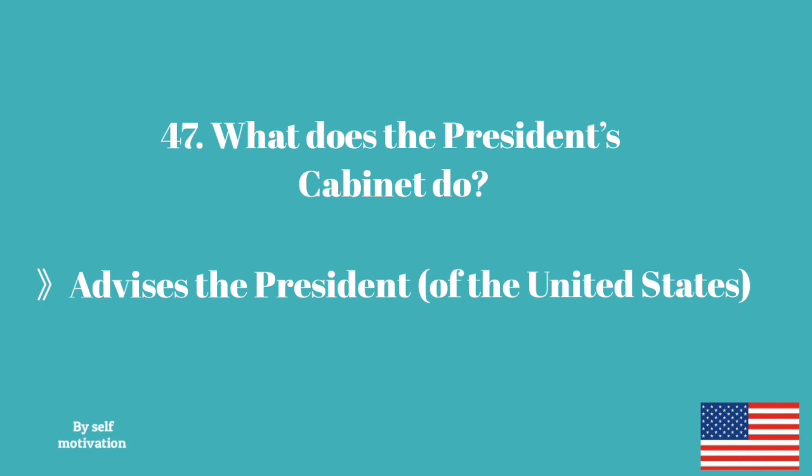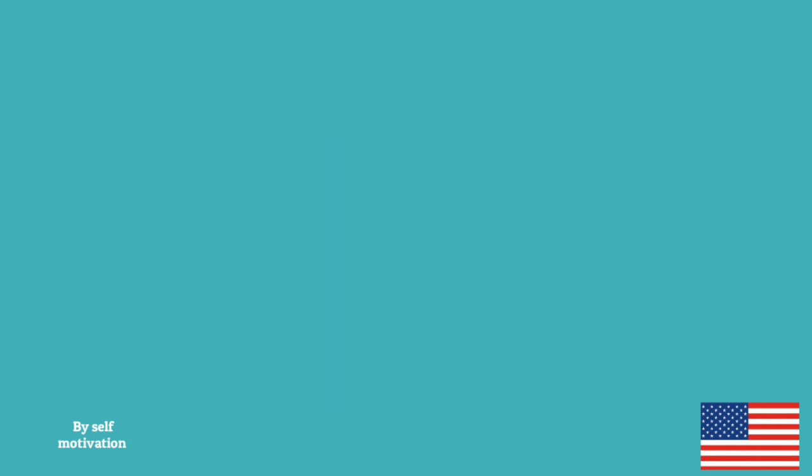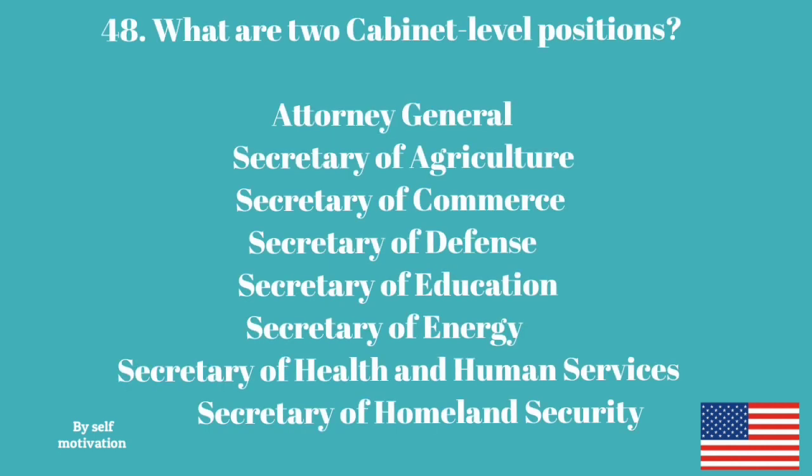Advises the President of the United States. What are 2 cabinet-level positions? Attorney General. Secretary of Agriculture.